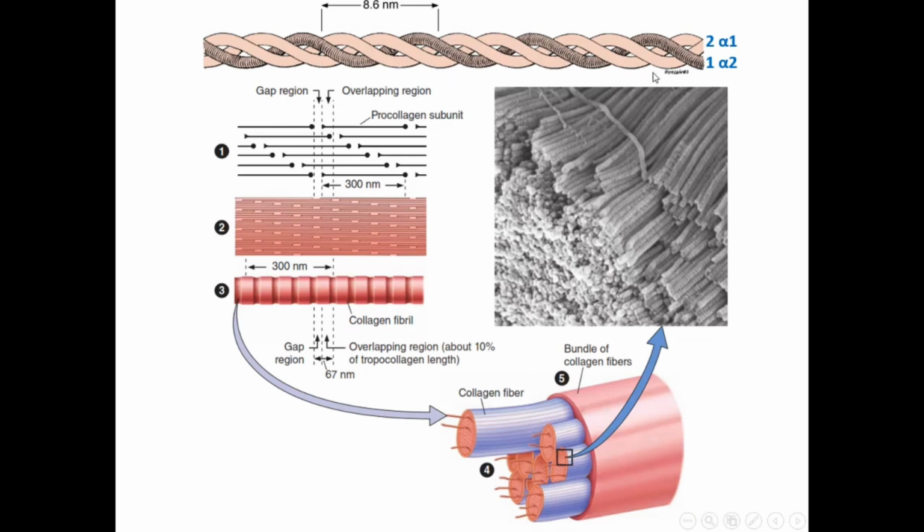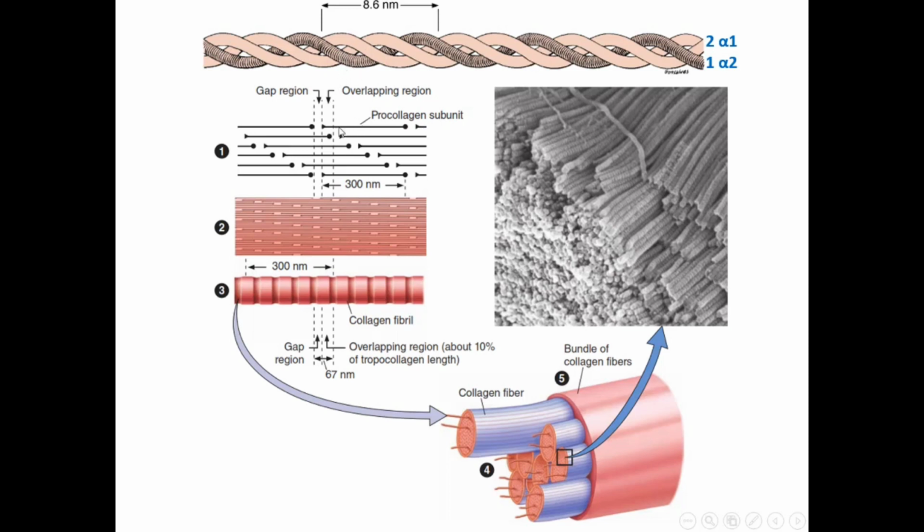In this picture you can see the triple helix, for example, here two alpha 1 and one alpha 2. The cells produce different types of alpha chains with variable lengths and also sequences. Because of this variation, we have 28 types of collagen in our body.